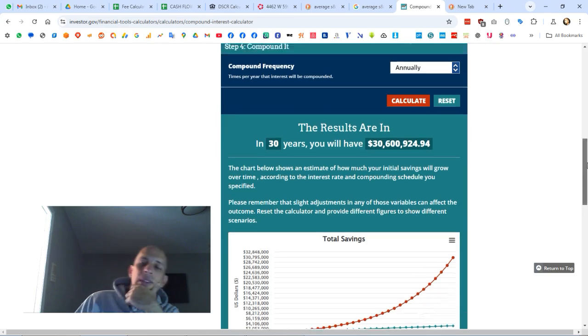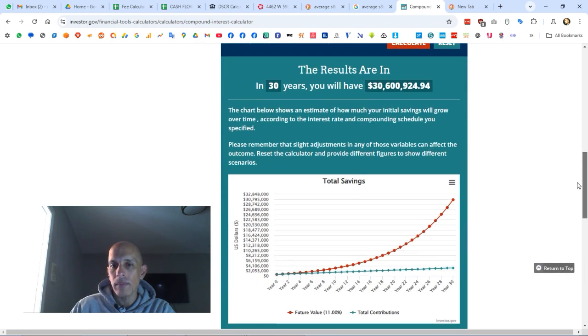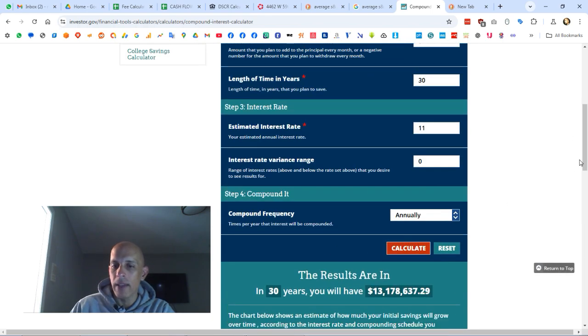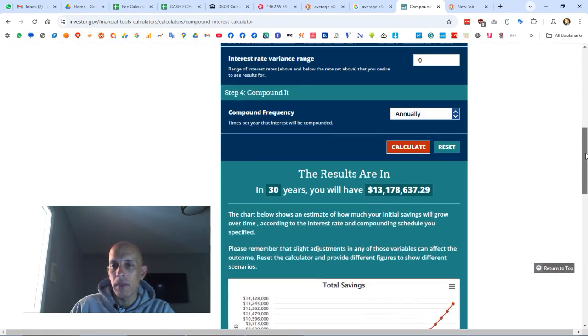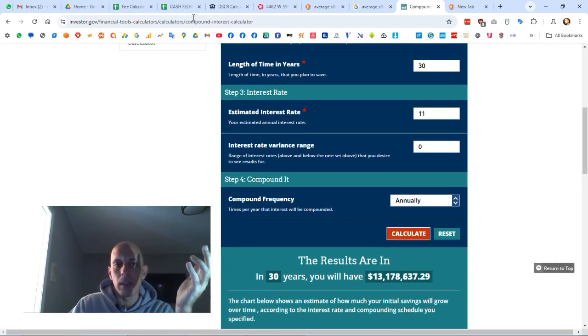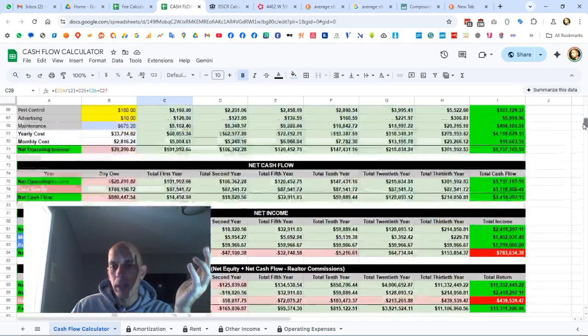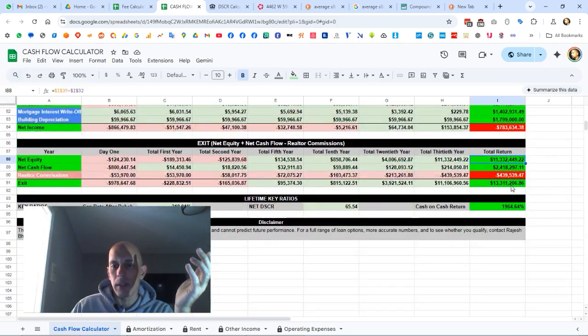The issue with this is, how do you access this equity without getting taxed? Because the 13 million here, you would have to sell in order to access it, whereas with this, you can just borrow against the building, right? And so the net equity is 11.33.